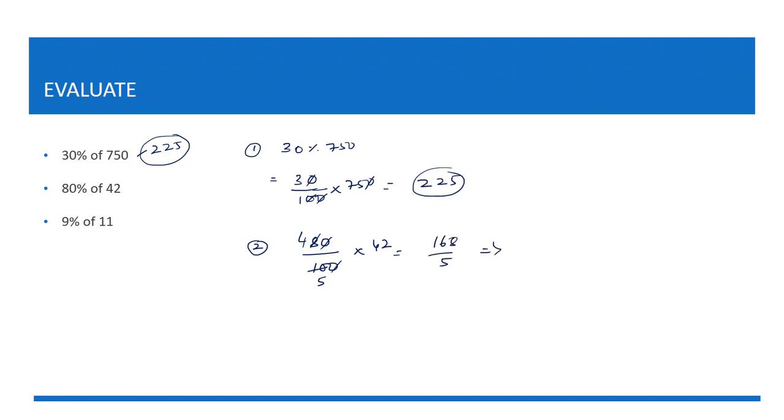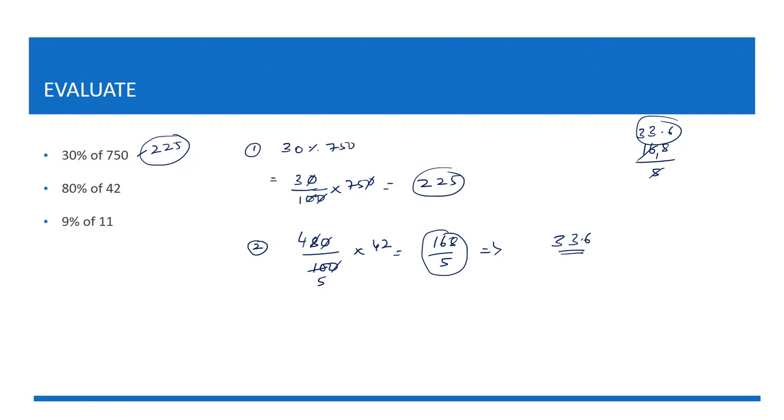Now if you simplify it, you can keep this as an answer, otherwise you can calculate here. 168 divided by 5 is 33.6. 33.6 is 80% of 42.